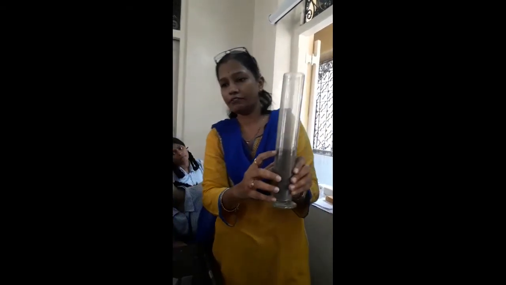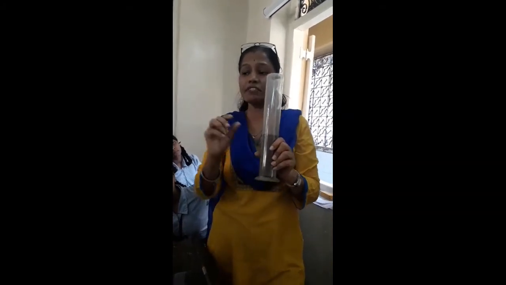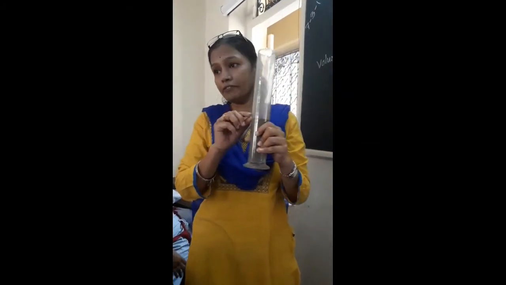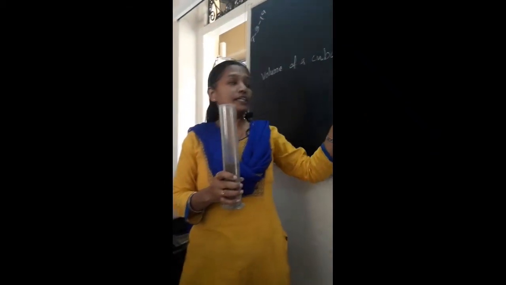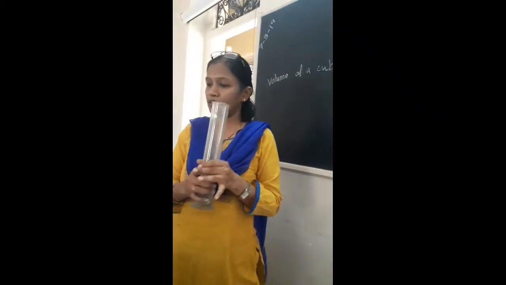Okay. This is 150. That means it will come near about 150. If we measure very minutely and correctly now, then no error will be found. Okay? Then both the readings are correct. Now you understood?